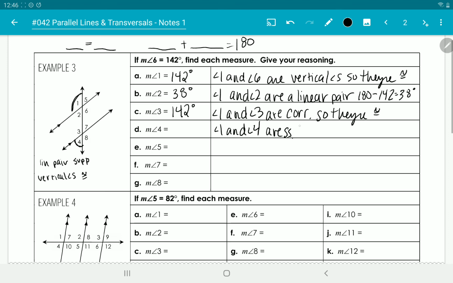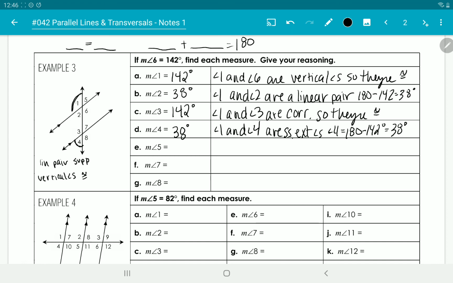And they're on the outside. So they're exterior. So they're on the outside of the parallel lines. So they're same side exterior angles. So in order to figure out angle 4, it's going to be 180 minus whatever angle 1 is. So 180 minus this 142. So it's going to give us this 38 degrees. So angle 4 is going to be 38 degrees.